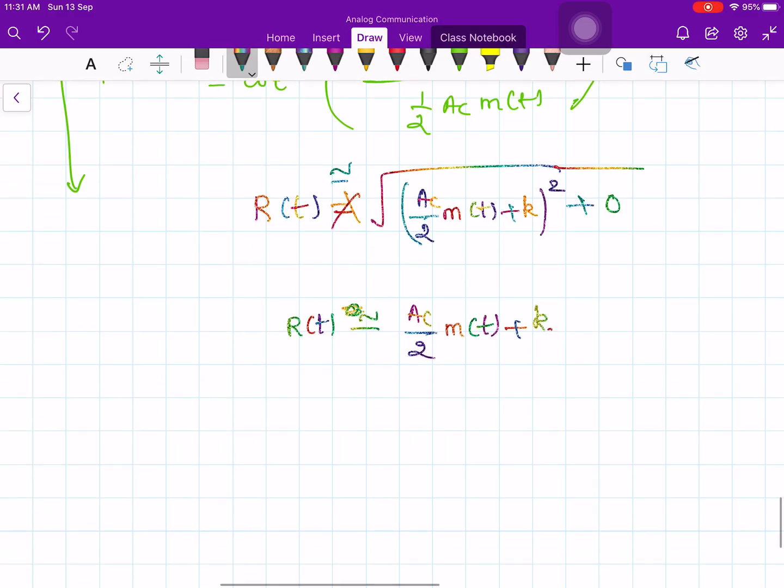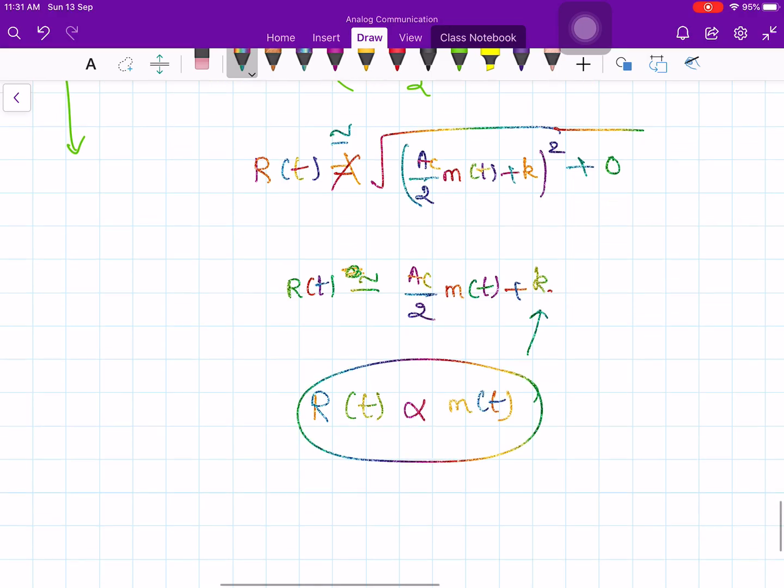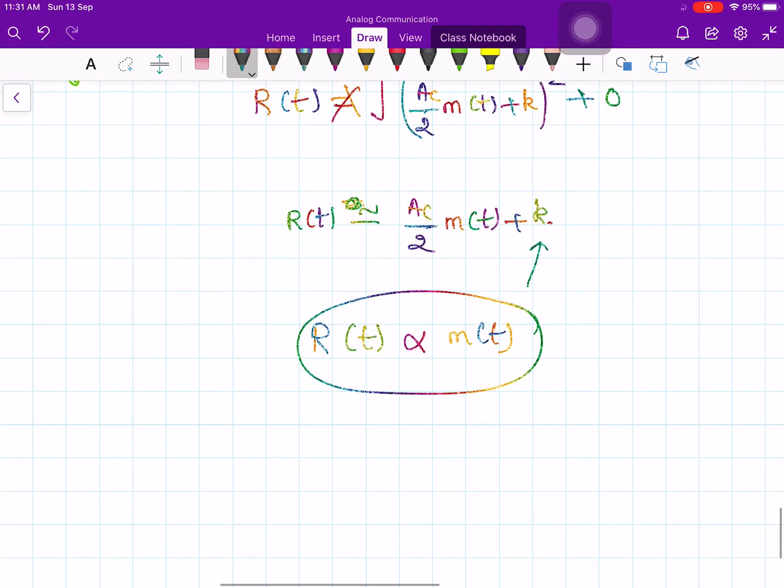Okay, now if you pass it through the low pass filter, you can ignore the k. We get an envelope which is proportional to the message itself. Therefore your R(t) is proportional to your message signal m(t) itself. If the envelope follows the message, then the envelope detector would produce an output proportional to the envelope.